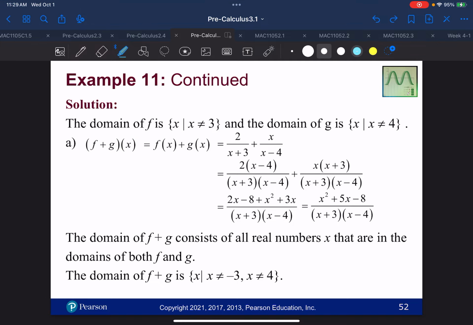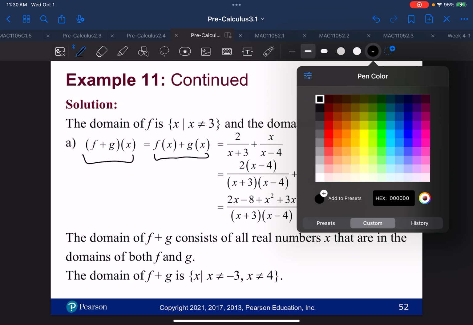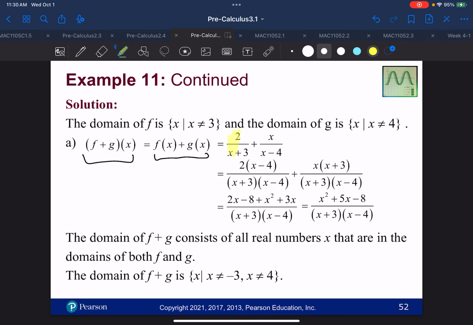f plus g is the same thing as f of x plus g of x, so I'm just going to be adding f of x plus g of x.